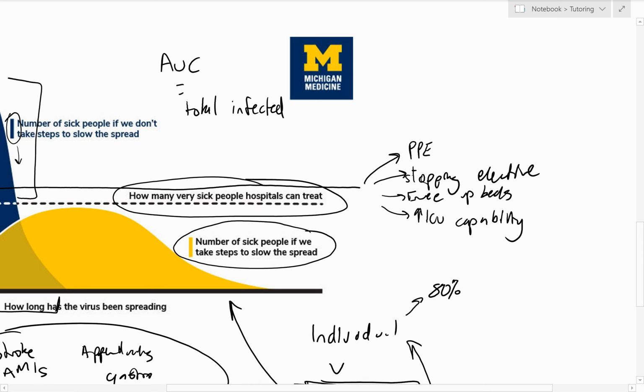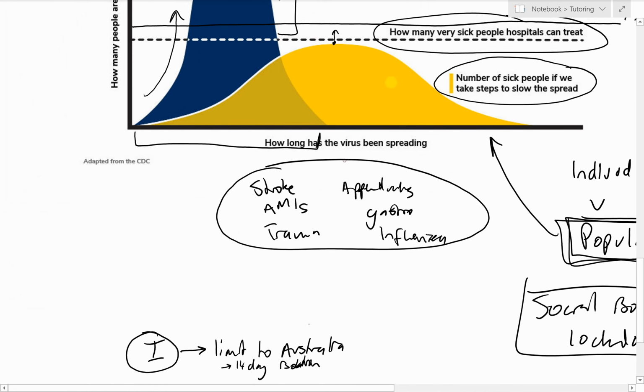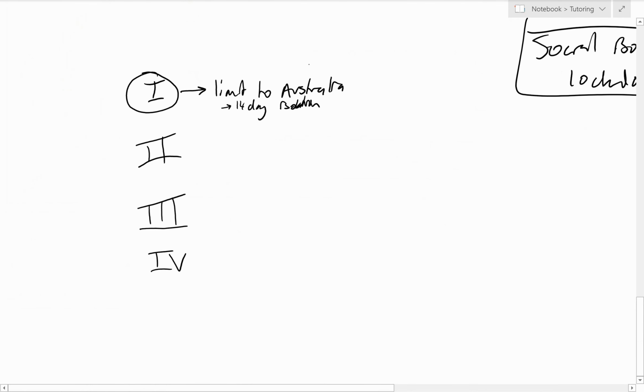All these things in preparation so that once the virus does hit and we start to hit a peak, we've actually lifted how much we can deal with as well. That was the aim of stage 1, was all about giving hospitals time to prepare and to lift that kind of stage. What we're starting to see in Australia is we're starting to transition into stage 2 of the plan.